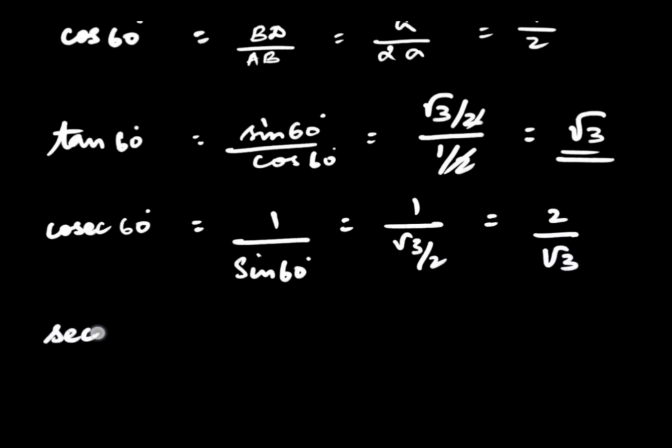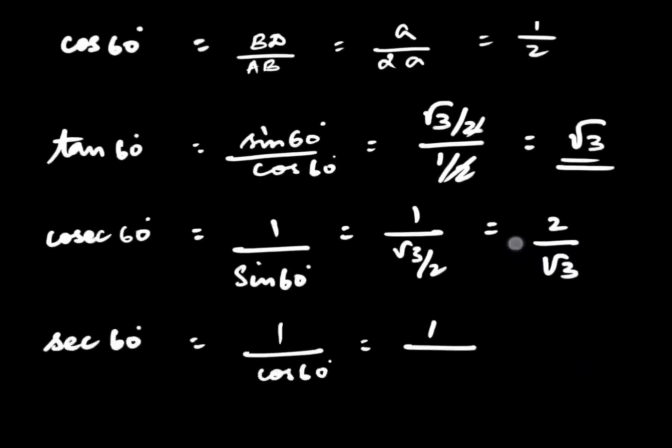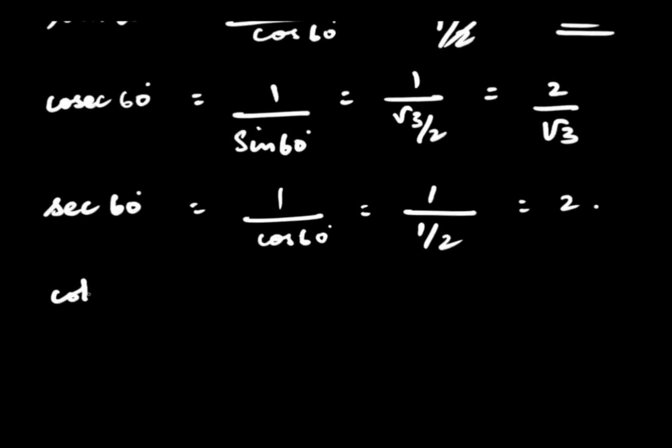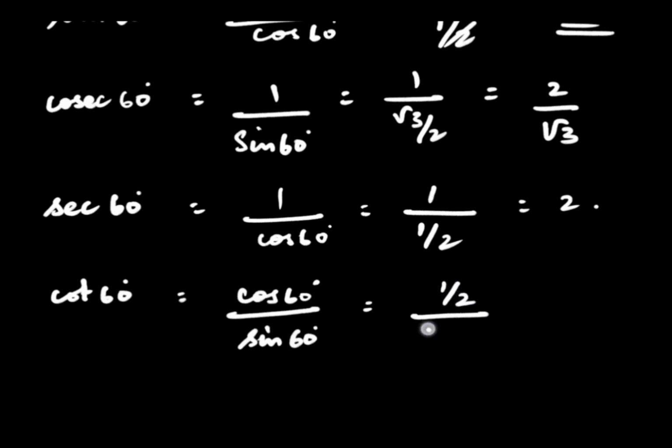Secant 60 is the inverse of cos 60, which gives 1 by 1 by 2, which is equal to 2. And cot 60 is cos 60 by sin 60. It's equal to 1 by 2 by root 3 by 2, which is equal to 1 by root 3.